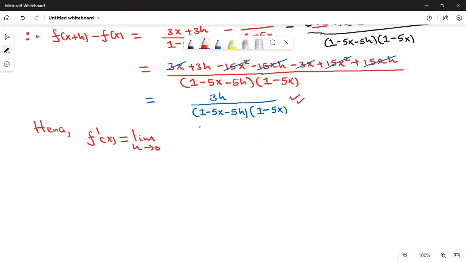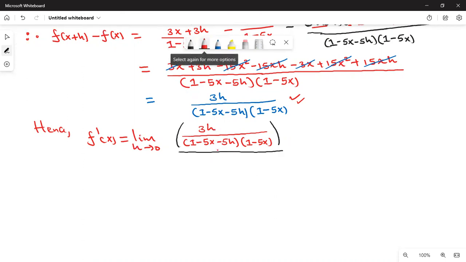We found 3h over (1 minus 5x minus 5h) times (1 minus 5x). That's the numerator, so I can put it in brackets to show this is the numerator. We are dividing this by the denominator, which is h. Very important.